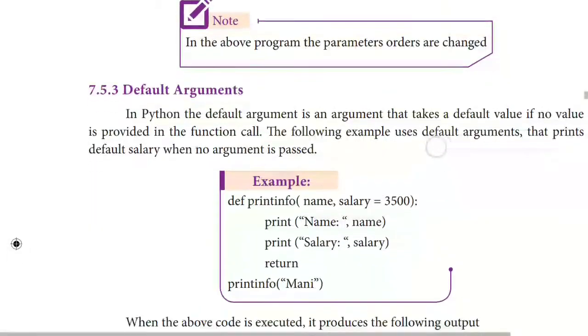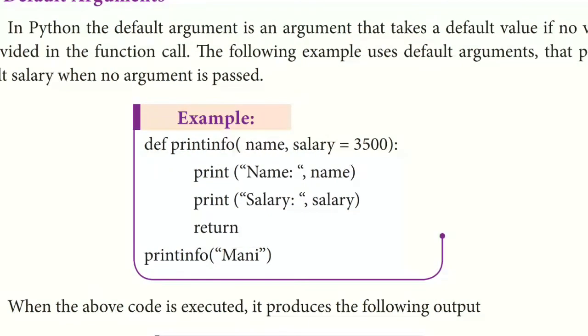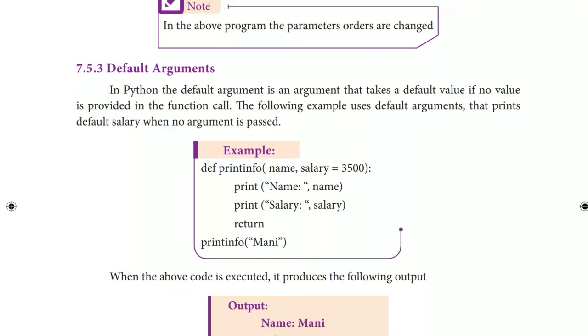Next is default argument. While creating the function itself, the value will be defined: salary is equal to 3500. This 3500 is defined during the function creation, while creating the function itself.